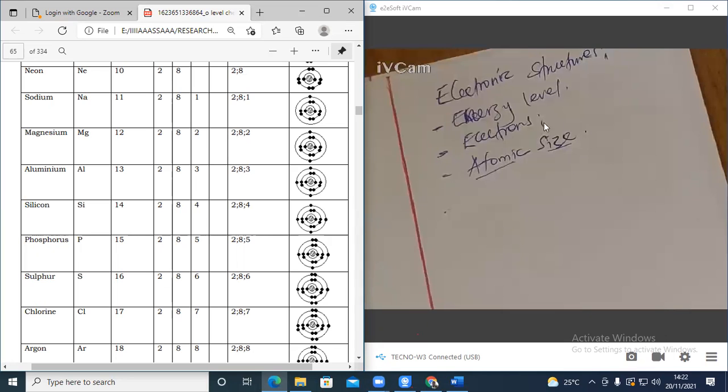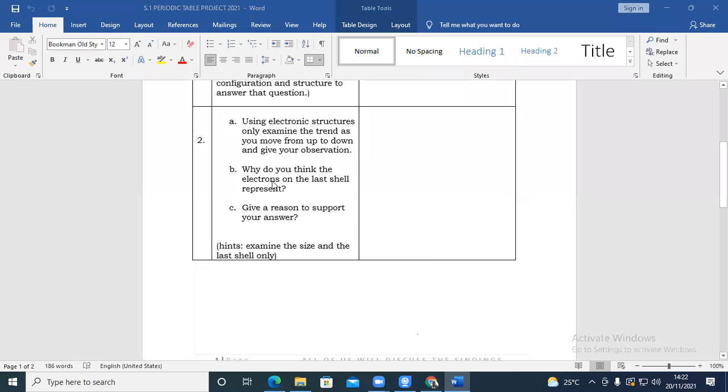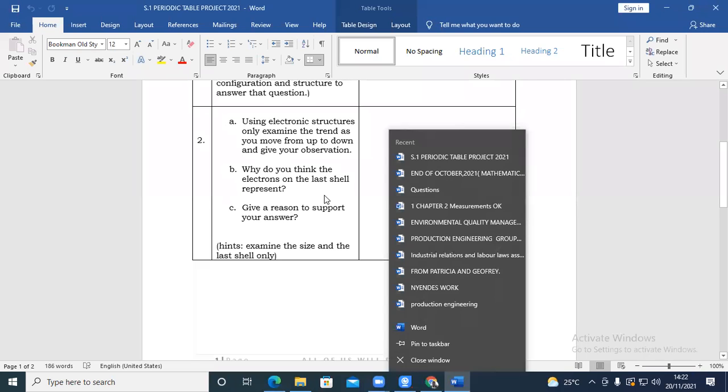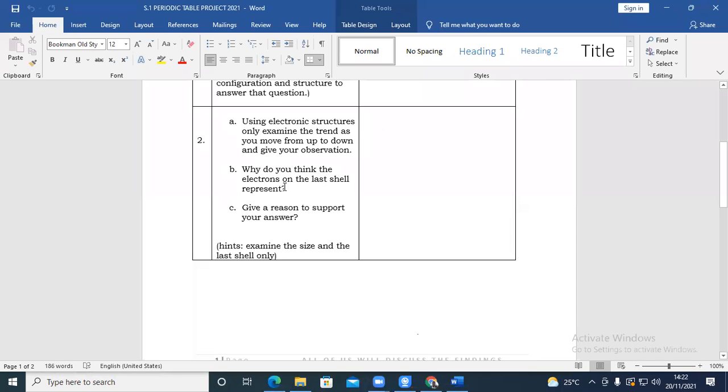What about group 8? They are 8. Very good. So our question is saying, what do you think the electrons on the last shell represent? I think it's the valence. Valency, correct. That's one.